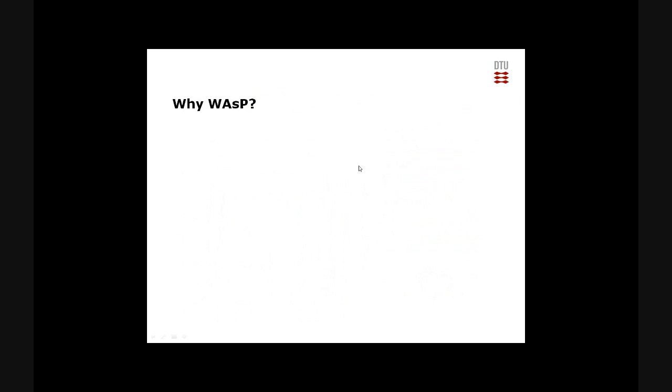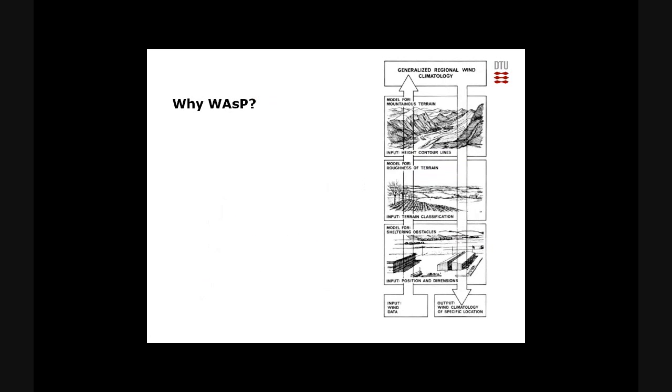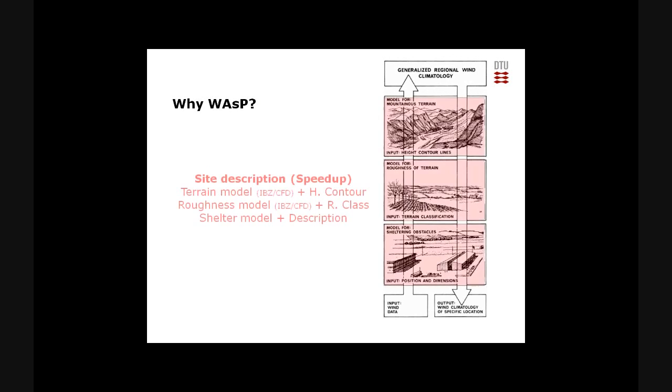But then you might ask, why do we want to use WAsP? Well, here's the same picture as Morten showed, the classical WAsP methodology. And the boxes you have in the middle, those are the flow models. In WAsP, you have models that can predict what effects the houses or obstacles have.